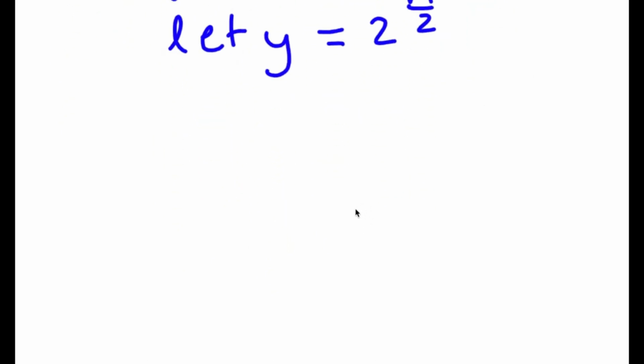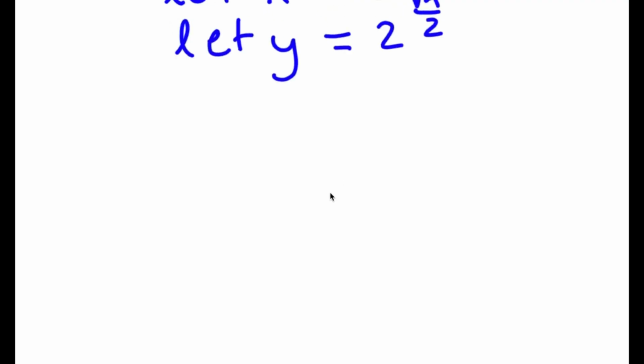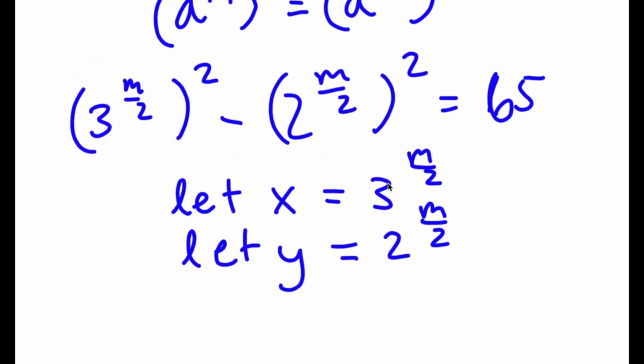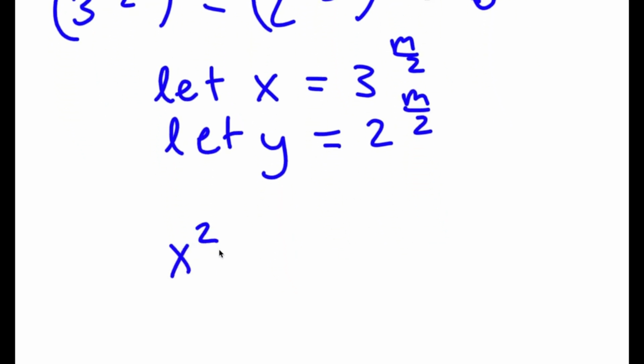Okay, so now that we have that, if I substitute in x for 3 to the power of m over 2 and y for 2 to the power of m over 2, I get x squared minus y squared is equal to 65.